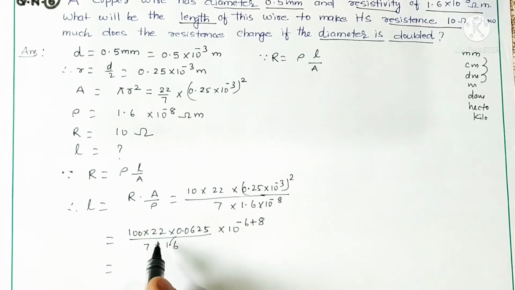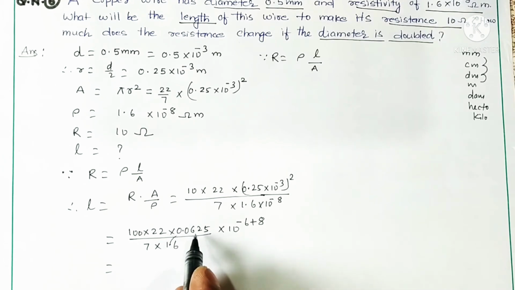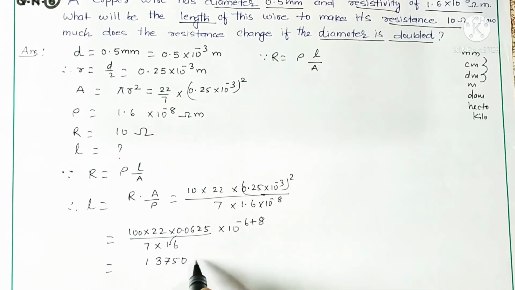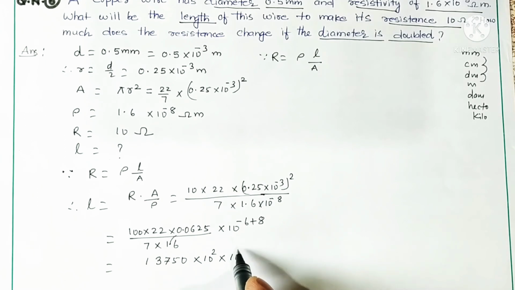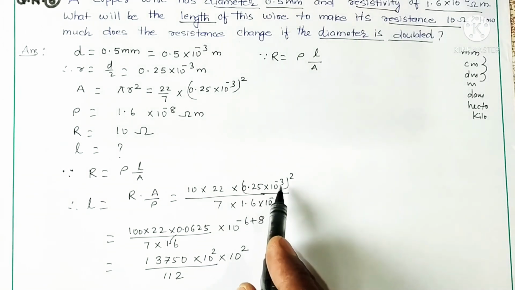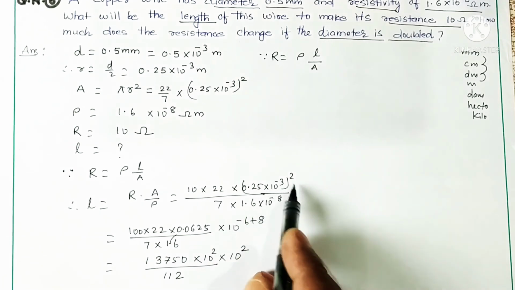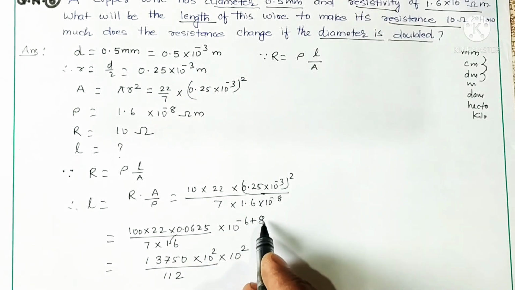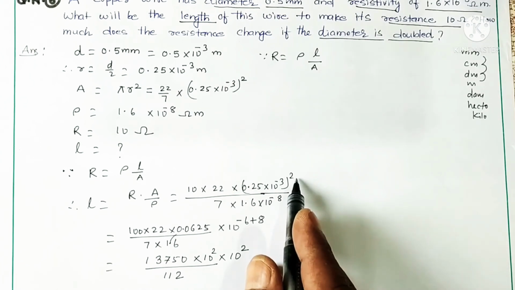Now see 22 into 625. If you multiply 22 into 625, it will be 13750 into 10 to the power 2. Now here is 112. Now see, here is 10 to the power minus 6, and when we send it up it becomes 10 to the power 8, plus here.